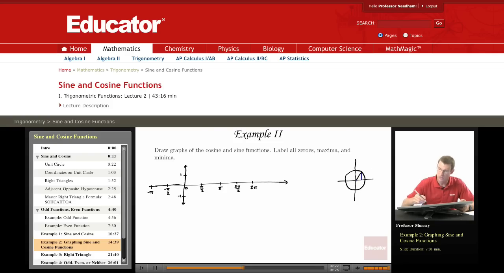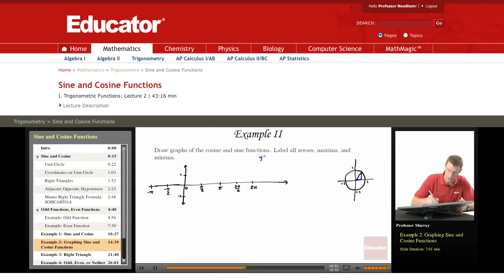Now, those coordinates will never get bigger than 1 or smaller than -1. So that's why on my y-axis I only went up to -1 and 1, because the coordinates will never get bigger than -1 and 1. So let me start out with the cosine function. I'll do that one in blue.